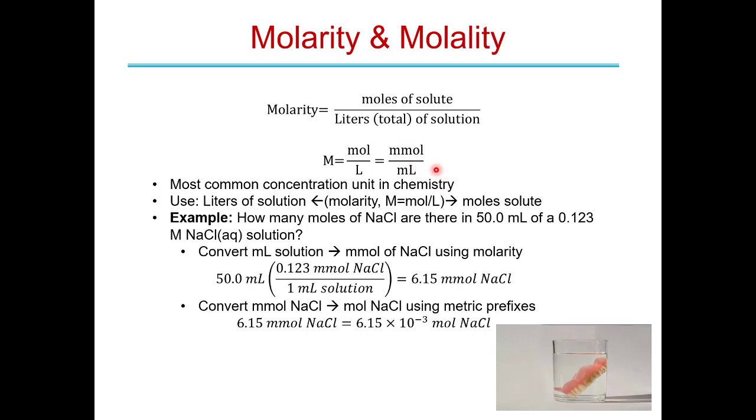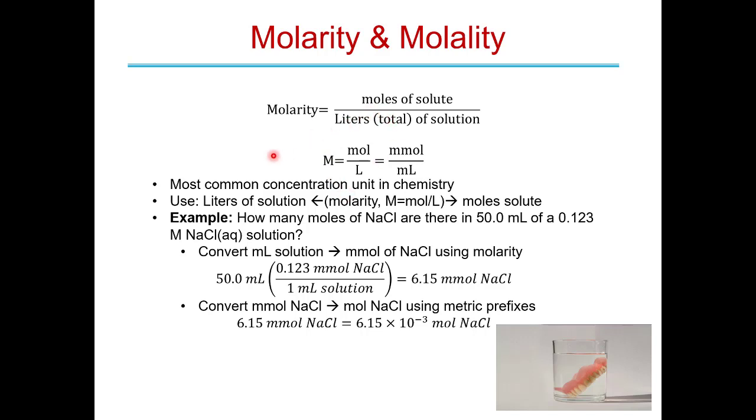This is useful because in lab we often measure things in milliliters, not liters, so we can use the same molarity unit to represent millimoles per milliliter. These two sides of the equation are equivalent, right? There's an equal sign here because we could cancel out the milli unit, and then it would still be moles per liter. We just multiplied by 1, you could think of it that way with these units. So millimoles per milliliter also is the molarity unit.